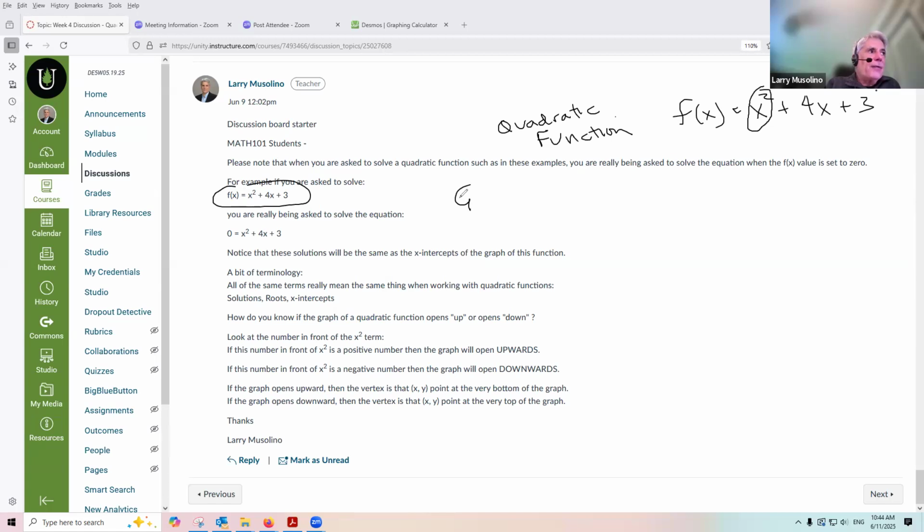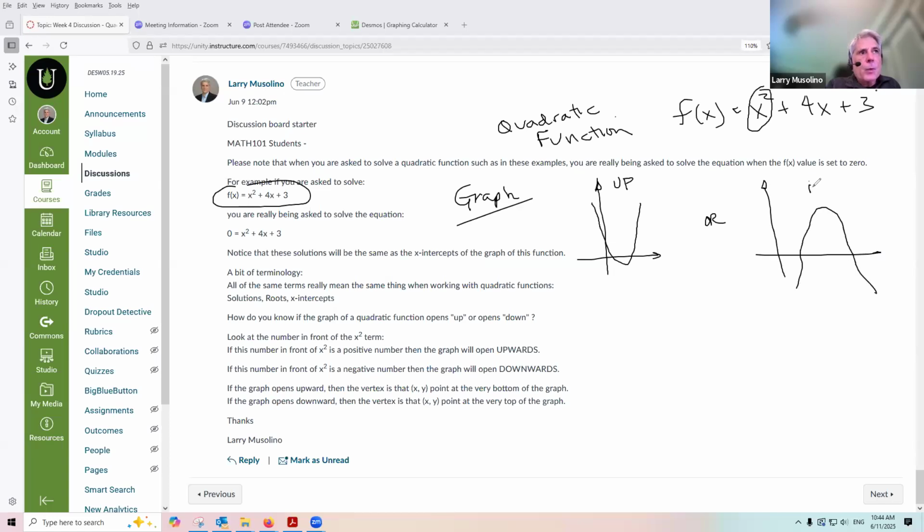Now, if you go to graph a quadratic function, it's either going to look like a curve that opens upward like this, or a curve that opens downward like this. We call these parabolas. So the graph is a parabola.